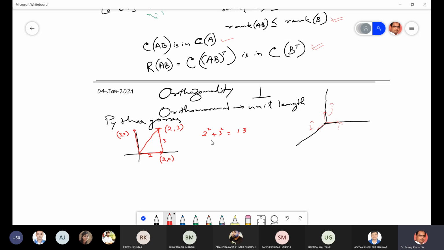I mean, that is the square of the length of the vector. So the length is actually square root of 13. Sorry about that. This is how we actually denote it.